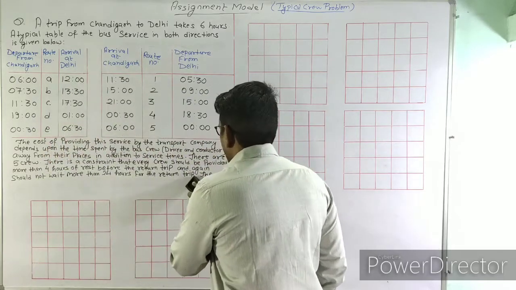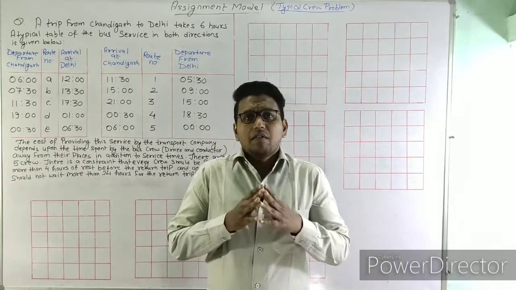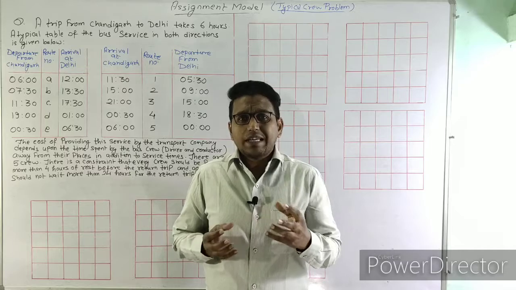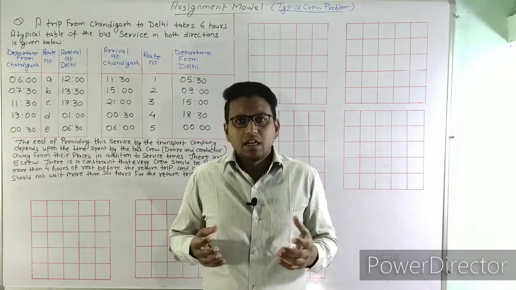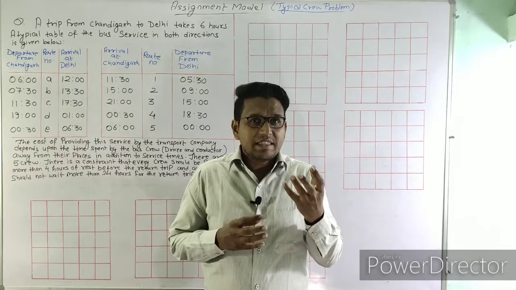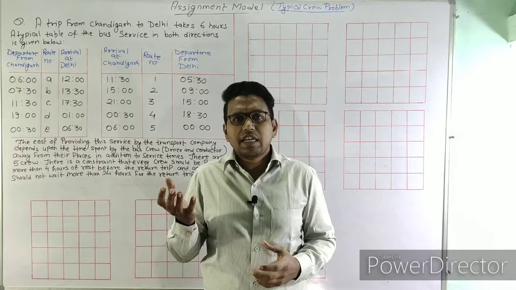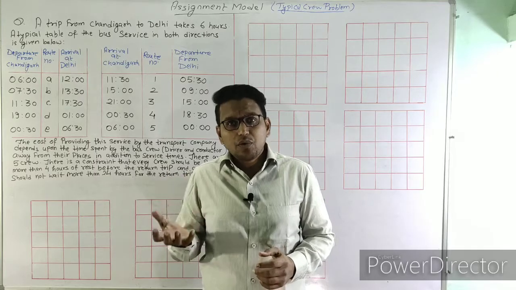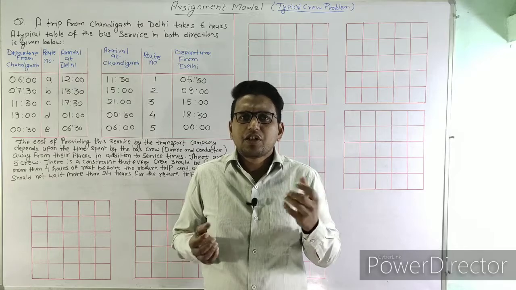Now first of all, we know that the crew can reside either in Chandigarh or in Delhi. If a crew resides in Chandigarh, that means it uses the company facility at Delhi, and if a crew resides in Delhi, it uses the company's facility in Chandigarh.